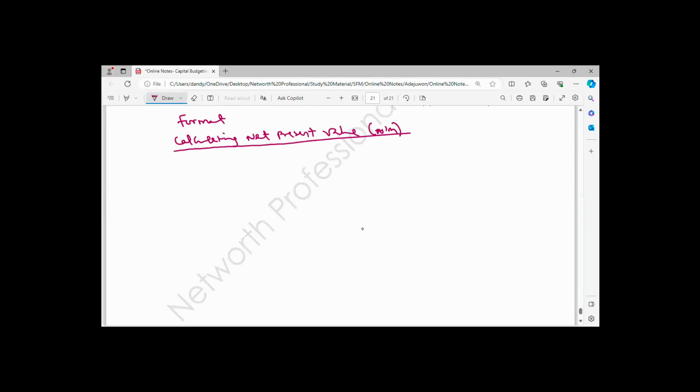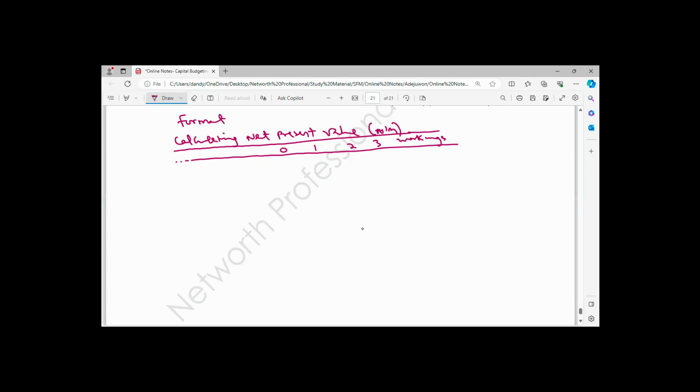Therefore, I will create a column for year 0, year 1, year 2, year 3. Then I will have a column for workings. I don't know the extent of my table on the day of the exam, so this is how you are going to do it.